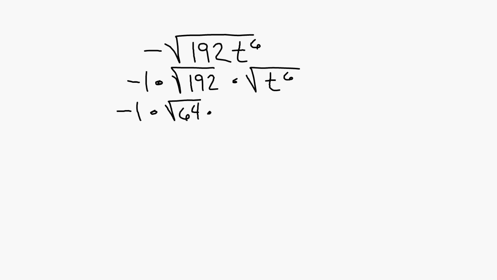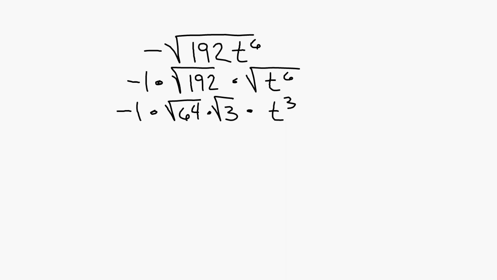And what do you know about the square root of t to the sixth? It's a perfect square, isn't it? So it's equal to t to the third. And what do you know about the square root of 64? What does that equal? So you can cross it out and make it an 8.